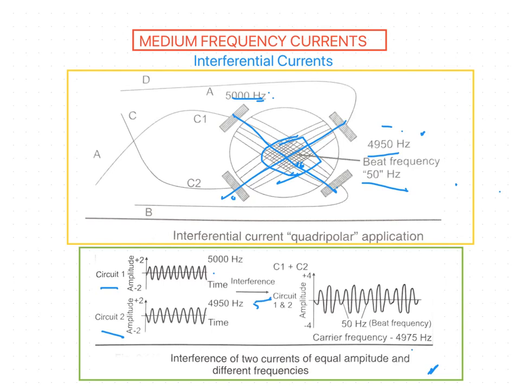How the interference takes place: the 5000 hertz wave and the 4950 hertz wave form a sinusoidal waveform with a frequency of 50 hertz. This 50 hertz beat frequency is obtained here, and the carrier frequency we get is 4975 hertz.